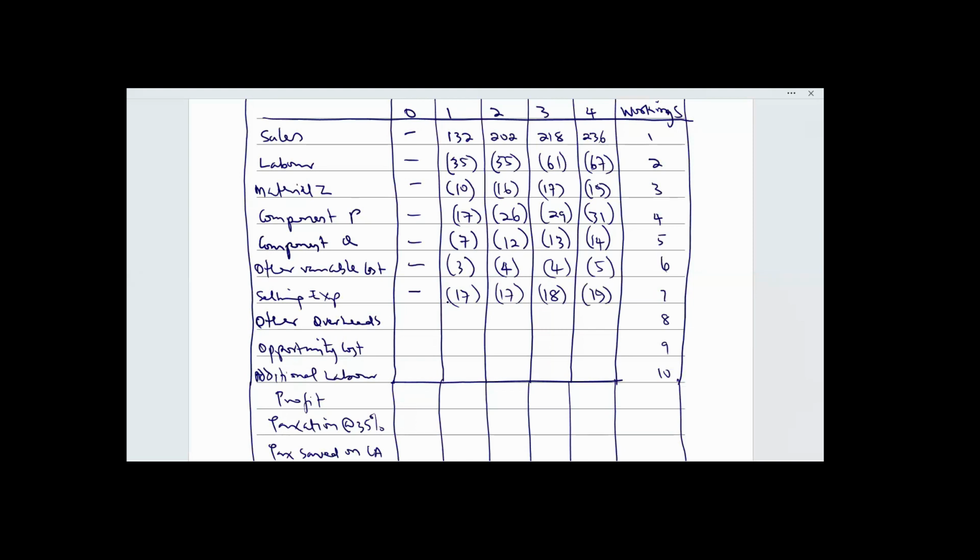Other annual overheads: 5, 5, 6, 6. Opportunity costs: 12, 13, 13, 14. Additional labor: 7, 7, 8, 8. So let's get the profits.